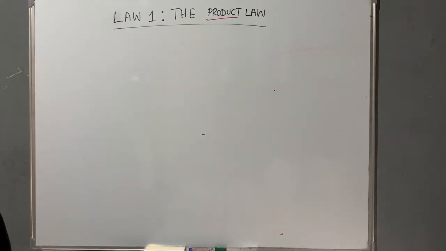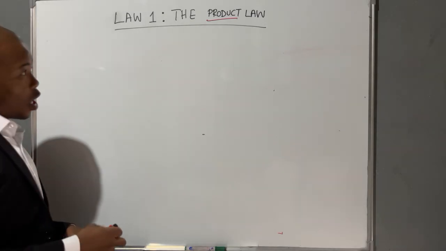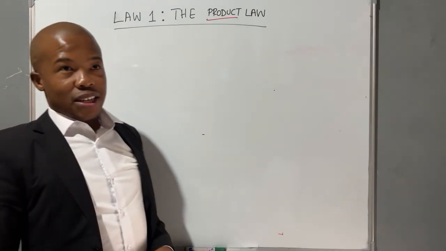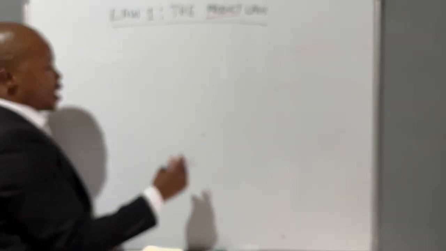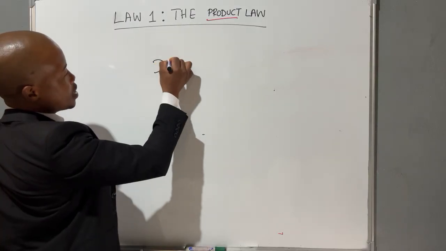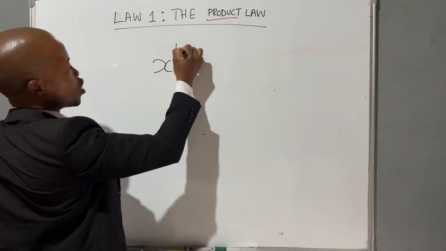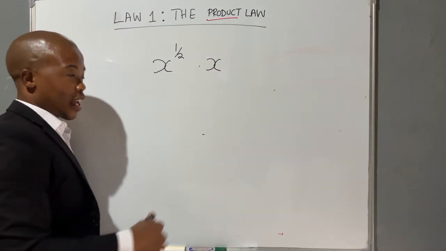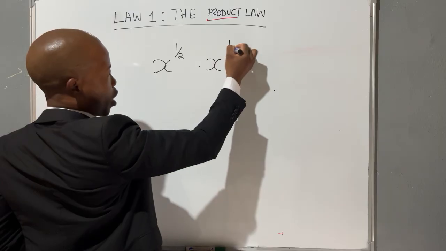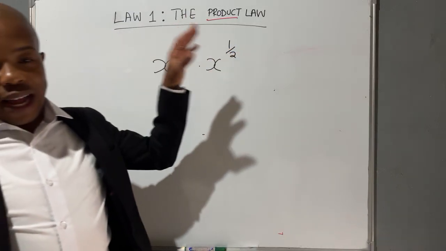Sometimes you can also have this in such a way that your exponent is actually a fraction, right? Let's say, for example, you have x to the exponent 1 over 2 times x to the exponent, let's just say again, 1 over 2, right? But the laws still apply.